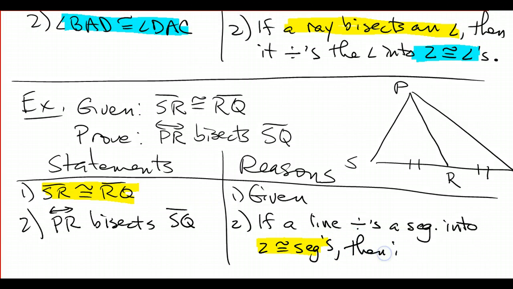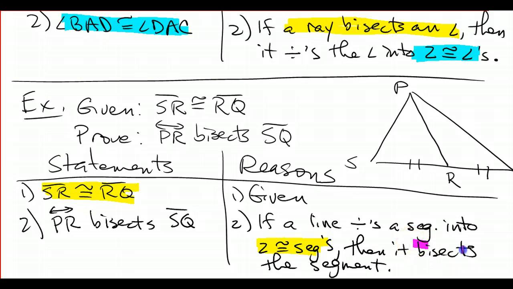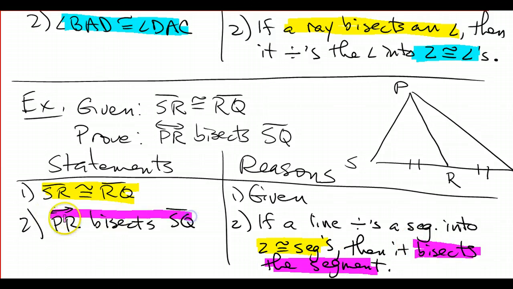Then it bisects the segment. So again, the conclusion, bisects the segment, matches with the line bisecting the segment over there.